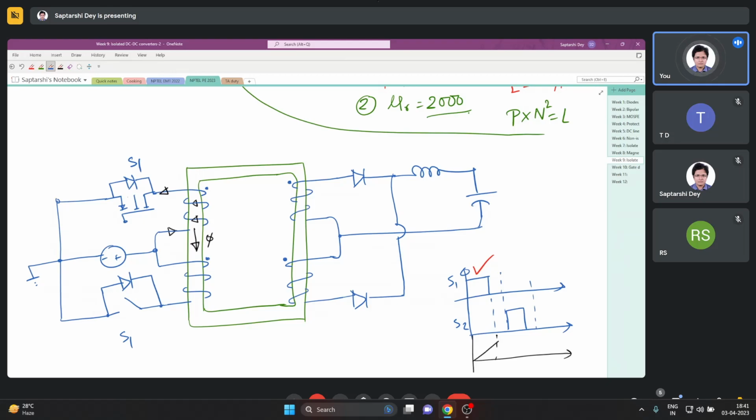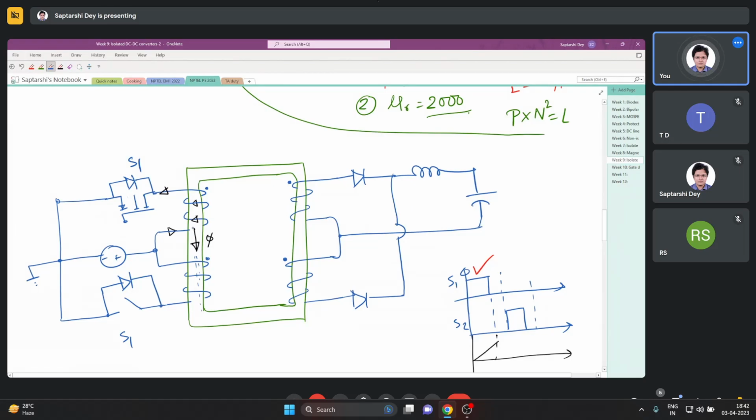Now let us see what will happen. The flux was in this direction and it was increasing when the switch S1 was on. Now we have turned on S1, turned off S1. The flux is still flowing in this direction, but since we have turned off S1, the current has suddenly stopped, and this flux now tries to decrease.